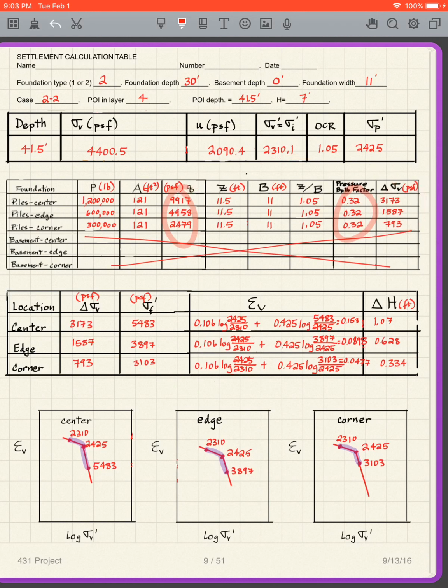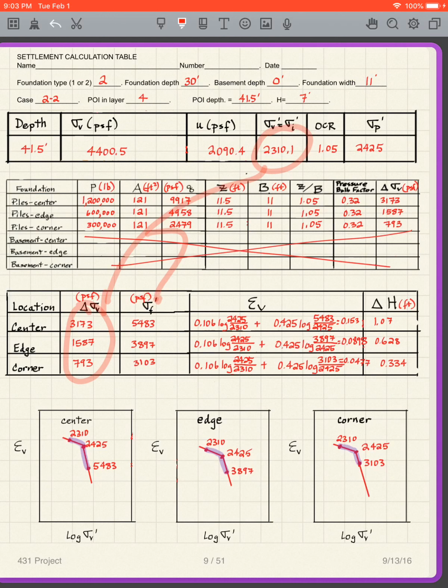So that gives me my delta sigma V. I have my sigma prime I, I've got my sigma prime P. And then I have my delta sigma V. It's here. I just translate them. And I take this plus this, gives me these numbers here.